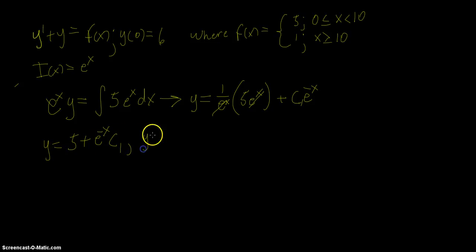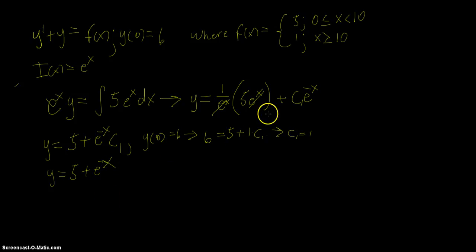We'll just write that down. Y of 0 equals 6. 6 equals 5 plus 1 times c1. c1 equals 1. And finally, y equals 5 plus e to the negative x.